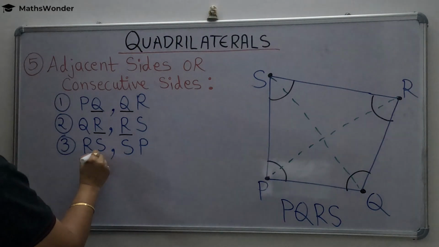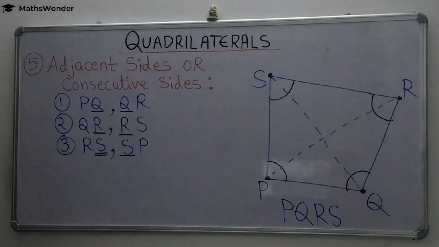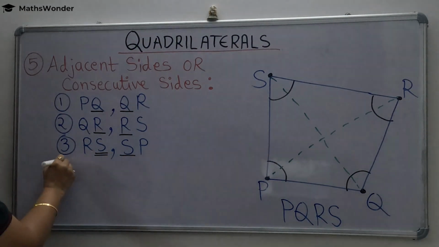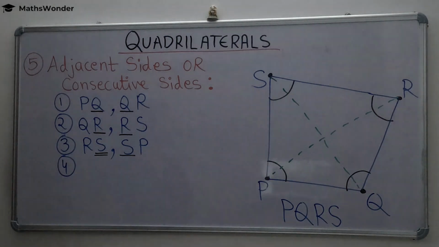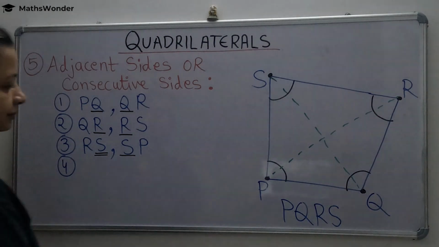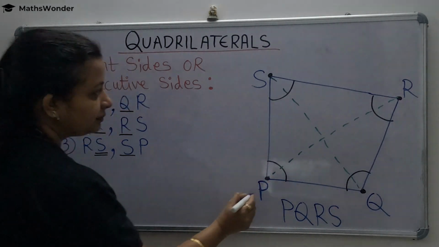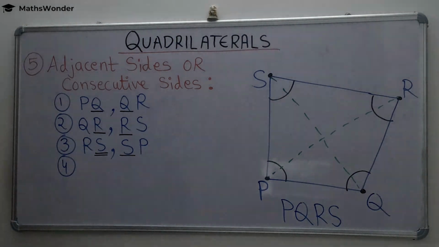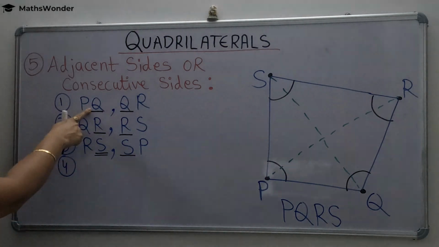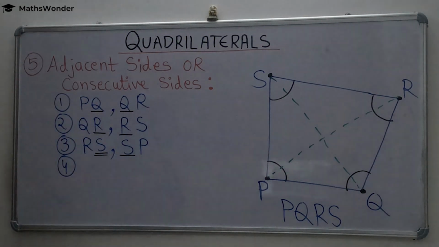Now S is the common endpoint. Now tell me the fourth one. Tell me the fourth common vertex. See, Q, R, S we have covered. Which is left?